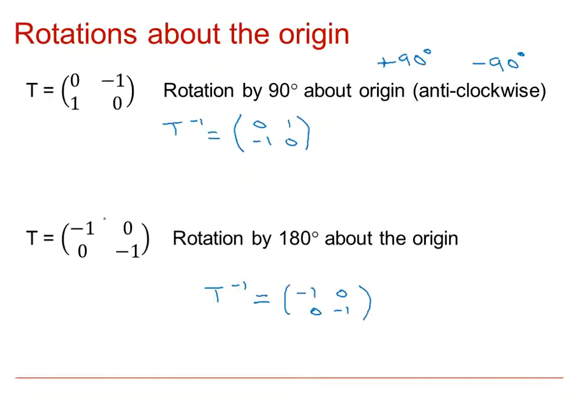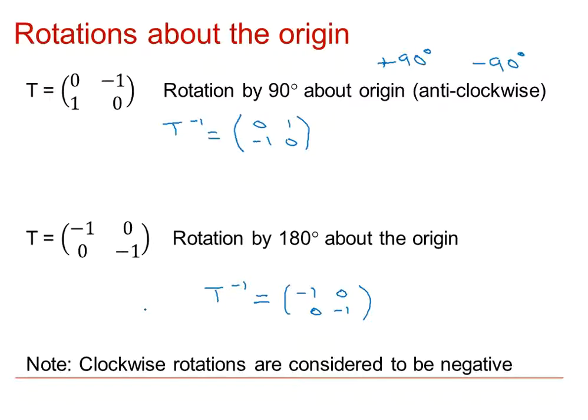The determinant of T is 1, and therefore the orientation of the letters will be exactly the same on the object and the image, and the area of the object and the image would be the same as well. It's worth noting here that clockwise rotations are considered to be negative rotations.